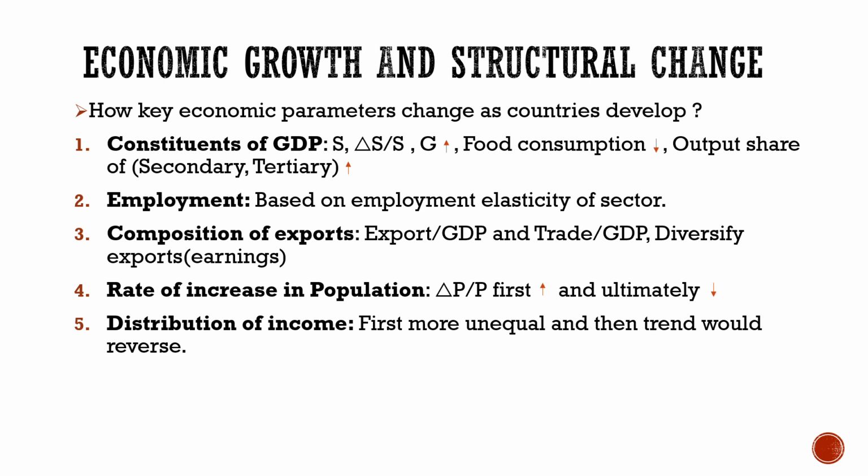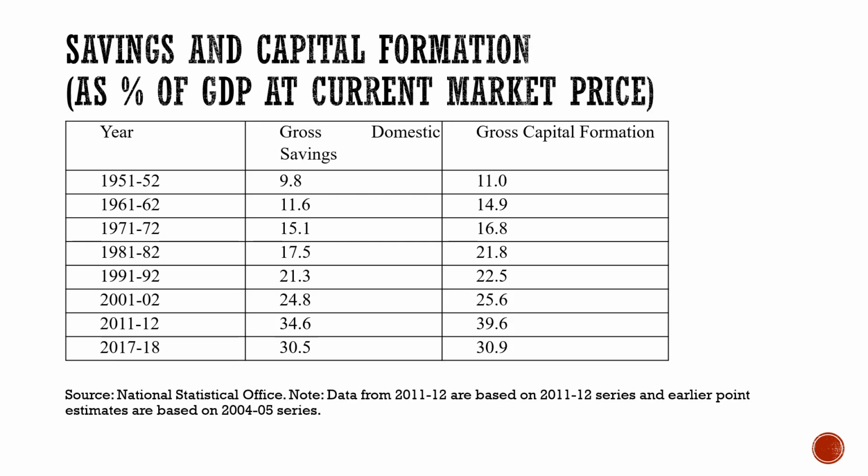The fifth thing is distribution of income. And as we know that Simon Kuznets has also proposed this theorem, that with the starting phase of economic growth, distribution of income becomes more unequal, and with the advanced stages of economic growth, this trend would be reversed. So these structural changes would take place with economic growth.